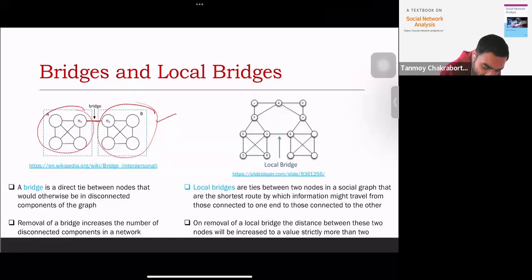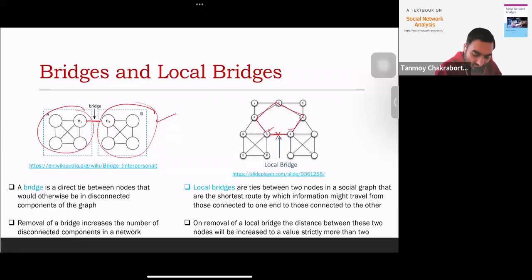For example, here you see that A and B are connected, and you want to understand whether this is a local bridge or not. You disconnect it, and once you disconnect it, you look at the shortest path length. This is 1, 2, 3, 4. It would increase a lot.